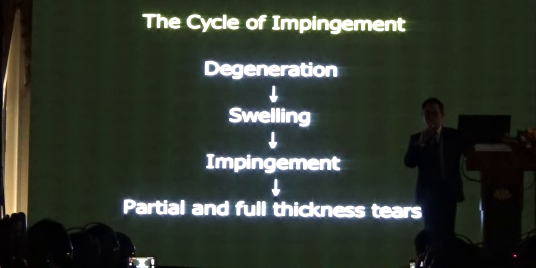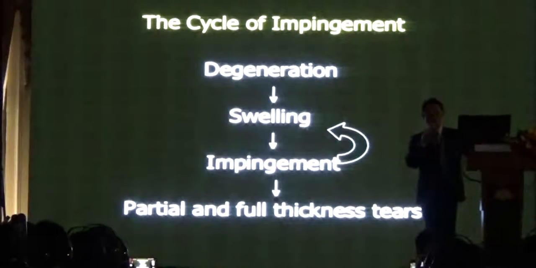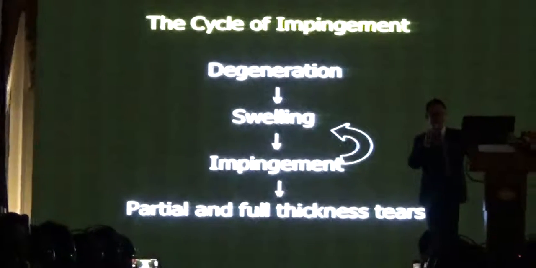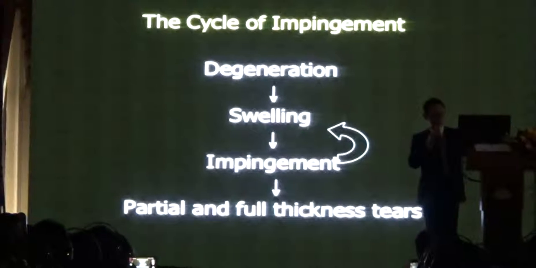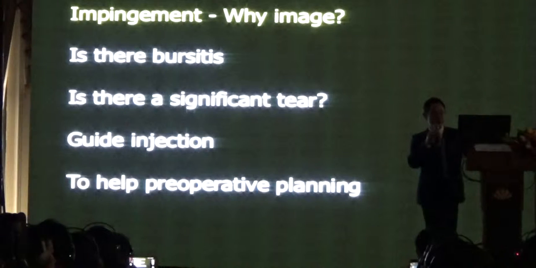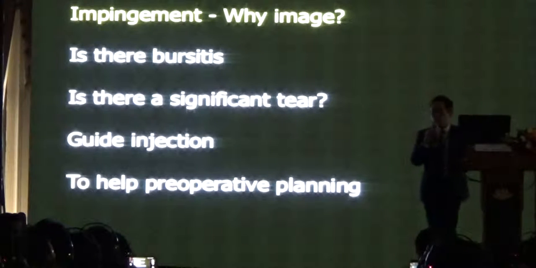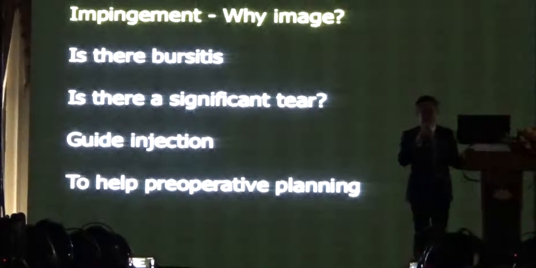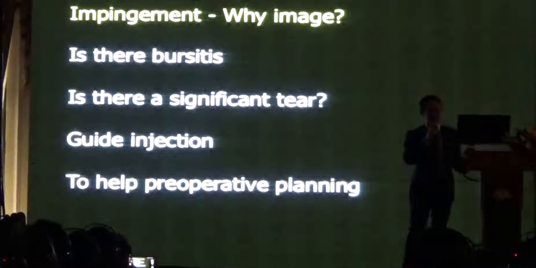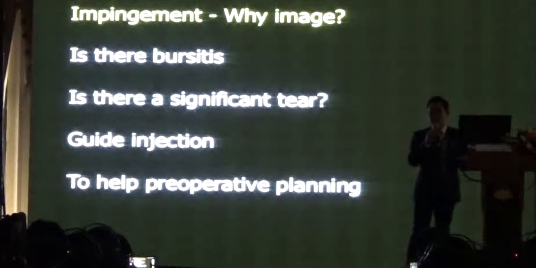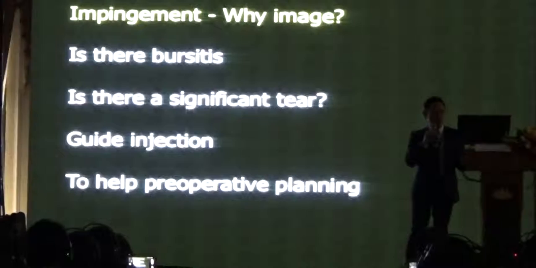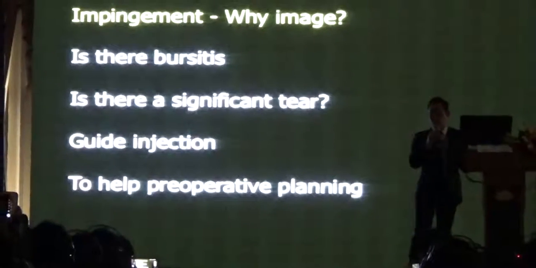We know that with impingement, that may cause more swelling of the tendon, and so you get this cycle of impingement and pain. And the reason that we are asked to image these patients to perform ultrasound is to see if there is bursitis, to see if there's a significant tear. It allows us to guide injections and also to help with preoperative planning.